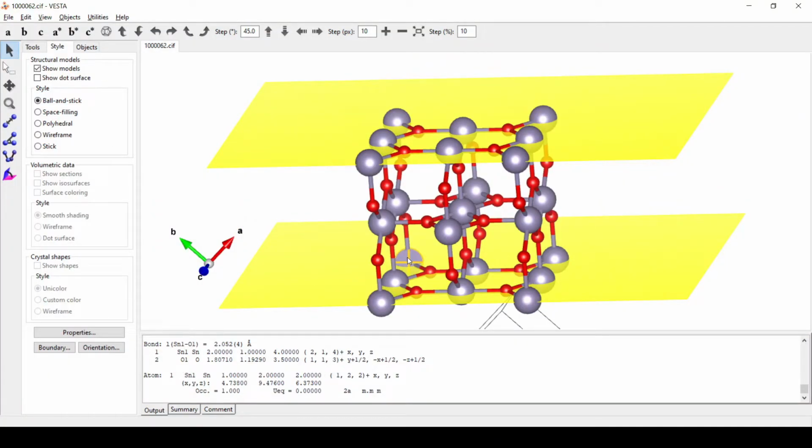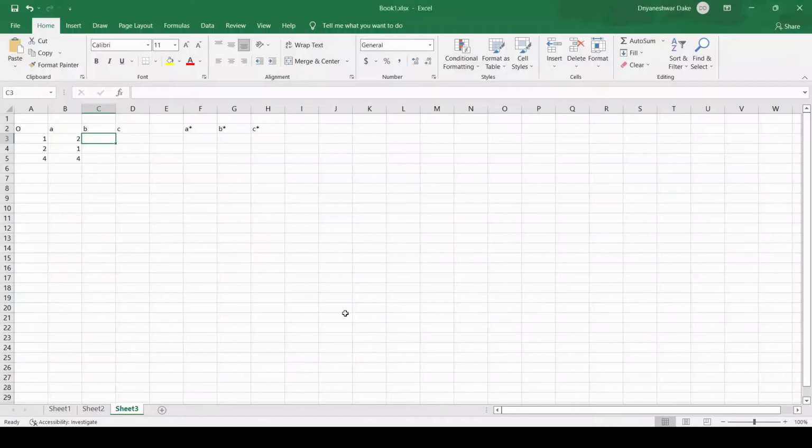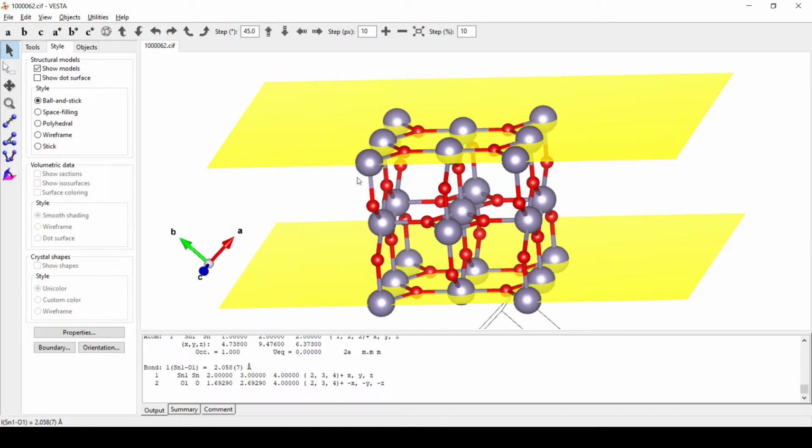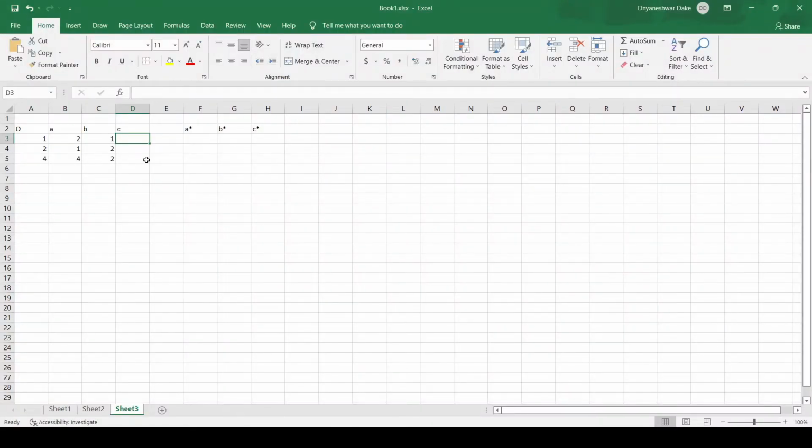For B it is 1, 2, 2. For C we have this, that is 2, 3, 4.